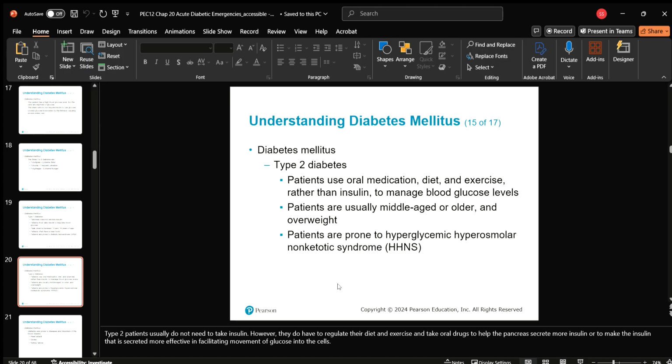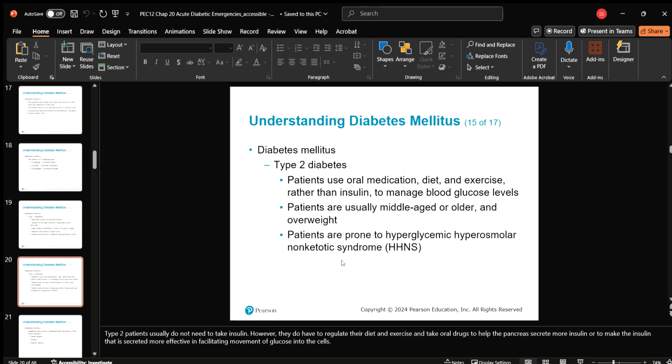But type 2 patients typically use an oral medication to manage it. Type 2 diabetics can oftentimes reverse the effects of diabetes just by diet and exercise rather than insulin. You'll get so used to seeing the same medications over and over again that you'll look at it and think, they're diabetic, they have hypertension, they likely had a stroke at some point.